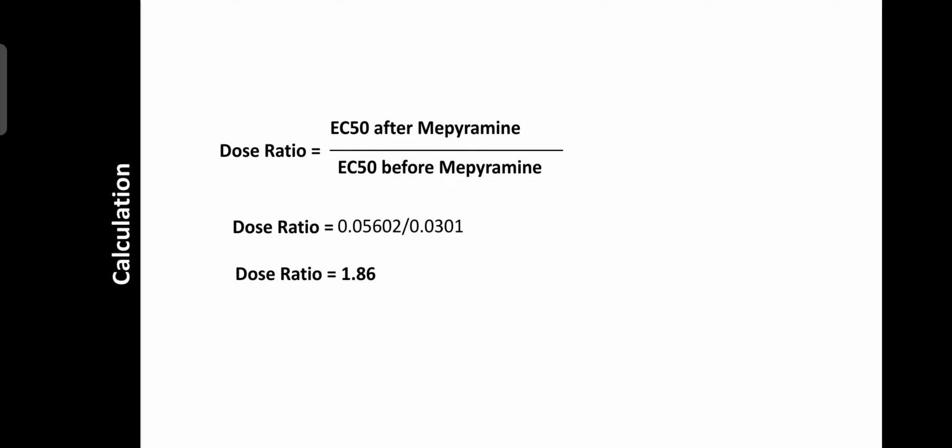Finally we get the dose ratio, which is 1.86, nearly double. Histamine alone shows the 50% response, but the same response in the presence of mepyramine requires double the dose of histamine. So we can conclude that mepyramine is an antagonist of histamine.